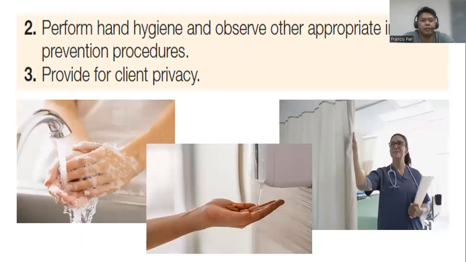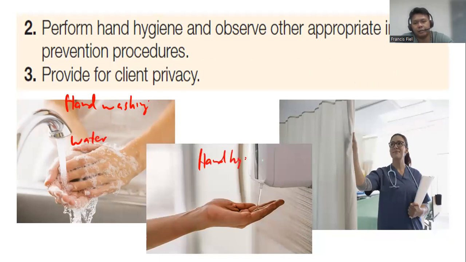Okay? Next, perform hand hygiene and observe other appropriate prevention procedures. Provide for client privacy. Again, when we say hand washing, there is water flow, there is water. When we say hand hygiene, it can be alcohol or sanitizer.